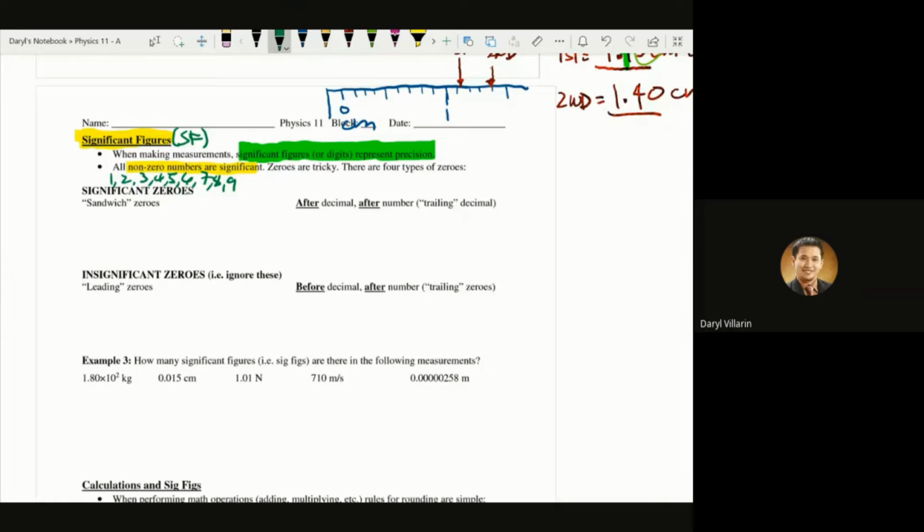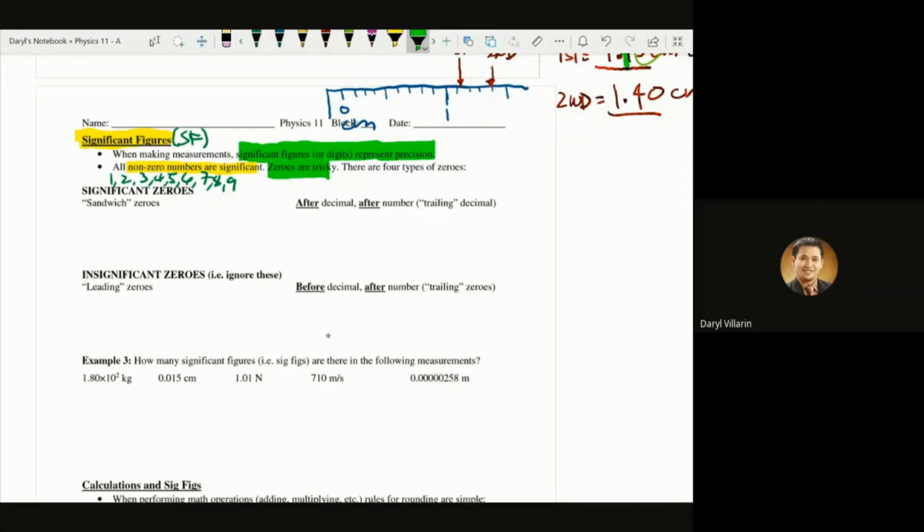So all of these non-zeros are significant. If you can see these numbers in your measurement, again, in physics, usually numbers represent a measurement or quantity. And zeros are kind of tricky, so you have to take note.